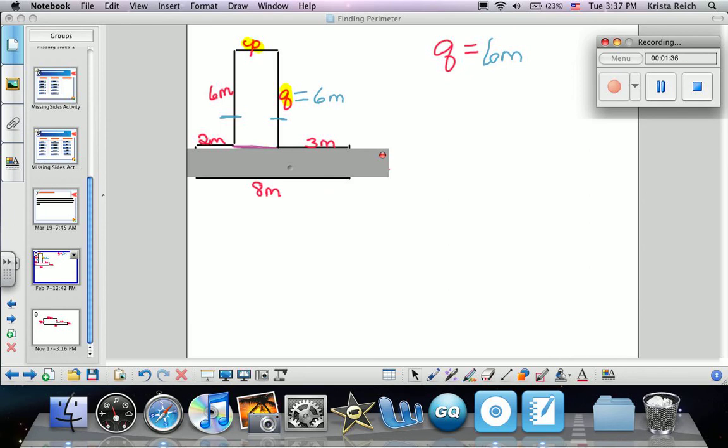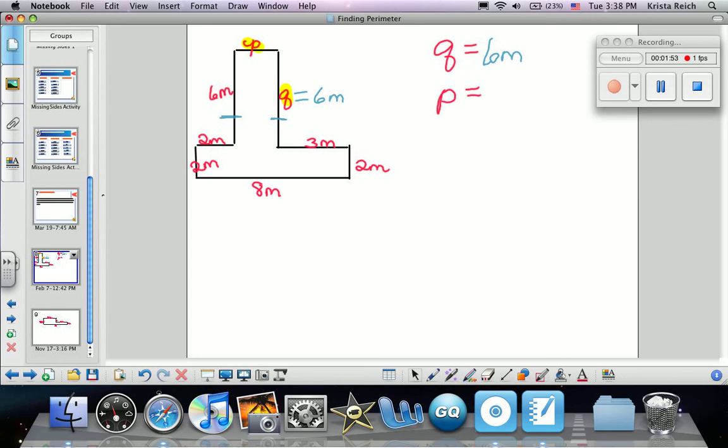Alright, so let me erase this now. We're back to our original shape. Didn't change anything, I just made the problem easier by breaking it up into smaller parts. Now we need to find P. Let's break this up into something smaller. I'm going to do the same thing, and draw a line that separates these two shapes.